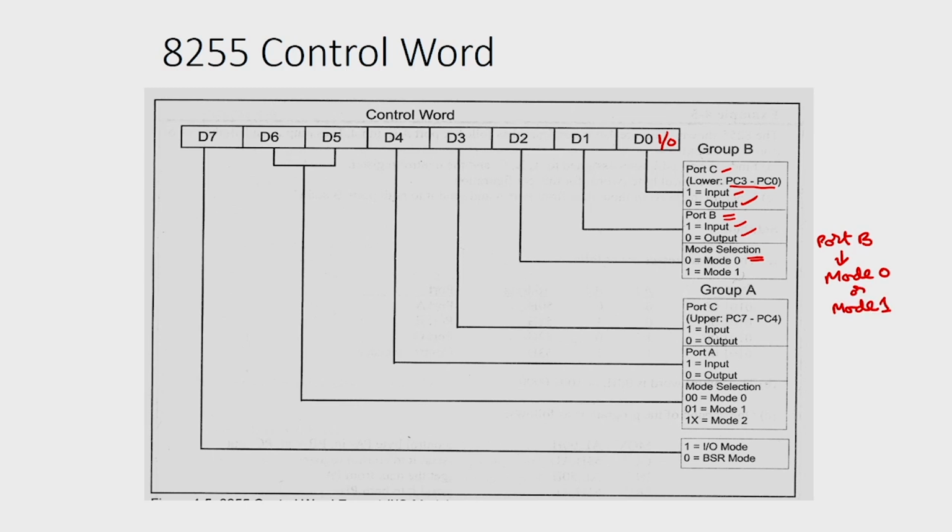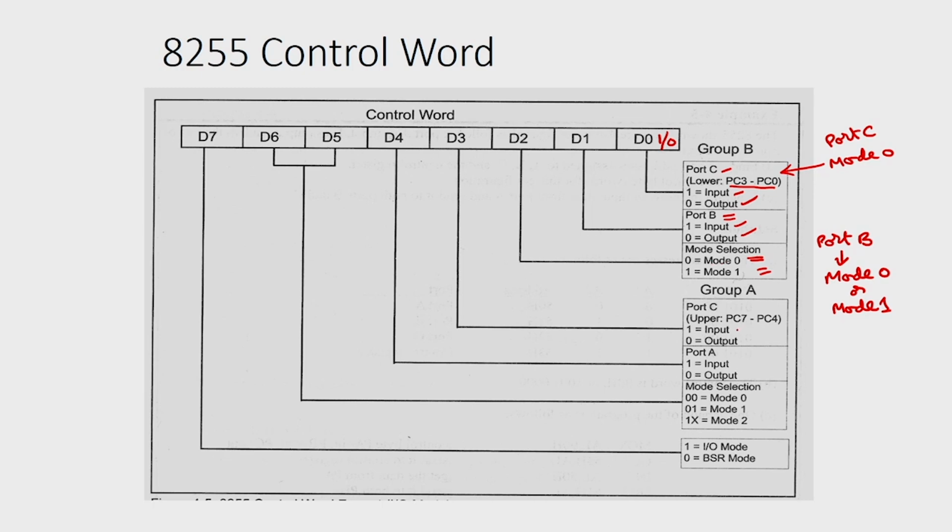Whereas port C can be operated in only one mode, which is mode 0. So there is no bit to select the mode of port C, because it is implied to be mode 0. Whereas port B can operate in mode 0 and mode 1, so we have one bit for selecting mode 0 or mode 1.